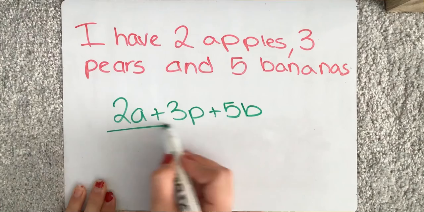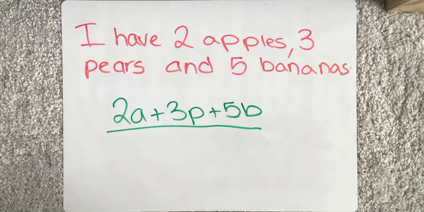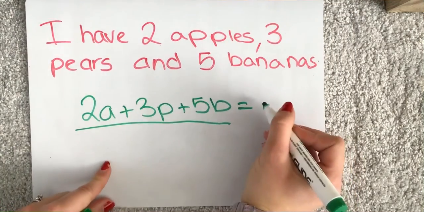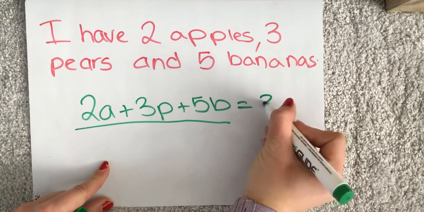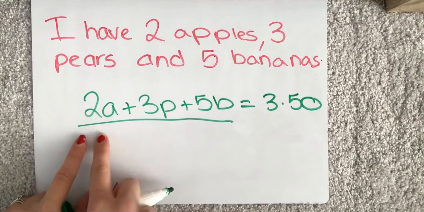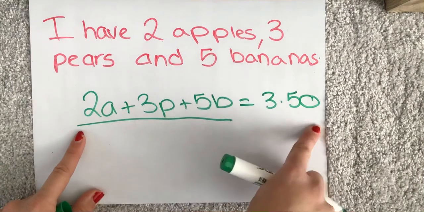Now, this is still an expression. Where it makes it into an equation is if I told you that when I bought 2 apples, 3 pears, and 5 bananas, it cost £3.50. As soon as I do that, it goes from being an expression to an equation.